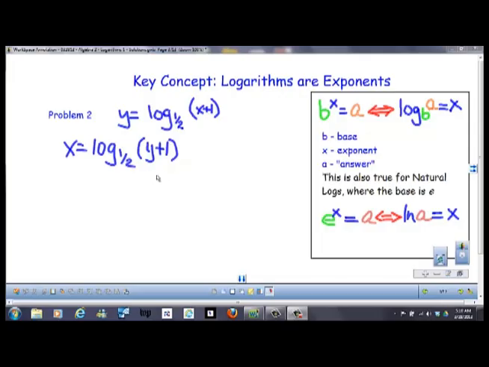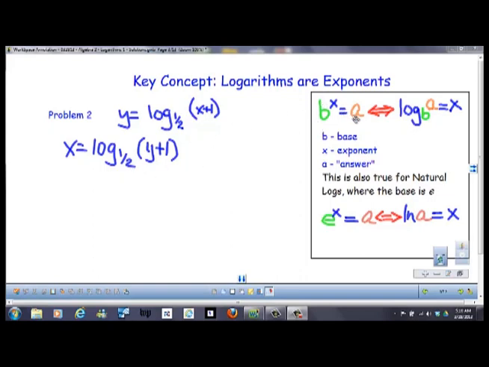All right, this problem is going to be a little more involved, but it'll be easy enough to explain the final result. I've already rewritten the problem with x and y swapped. So now we have x is equal to log base one half of y plus 1. Continuing on, we need to remember our fundamental rule. Here's the base.